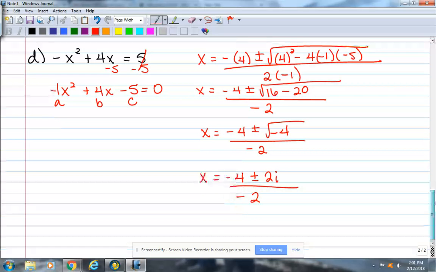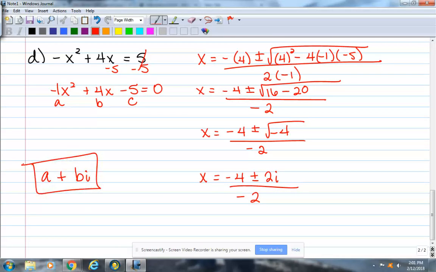And remember, these are complex numbers when they have imaginaries, and we have to write them in standard form for complex, which is a plus bi. So that means we can't just leave it in this big fraction. So we have to say x equals negative 4 over negative 2 plus or minus 2i over negative 2. So negative 4 divided by negative 2 is positive 2, plus and minus negative 1i.